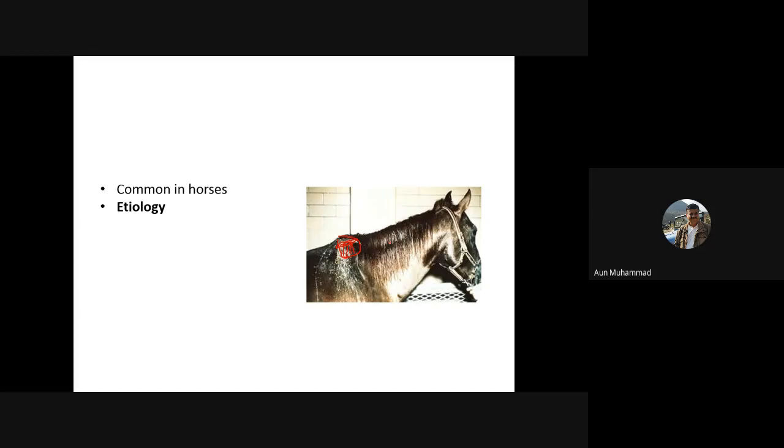The inflammation of this supraspinous bursa may lead to the development of a condition called fistulous withers. This is again a highly problematic condition, like poll evil.